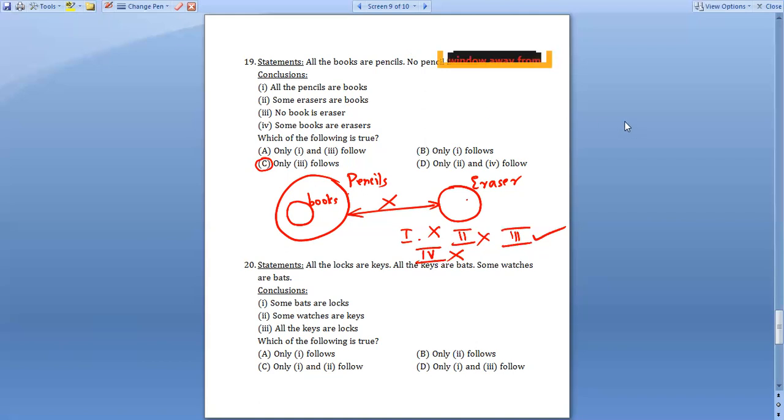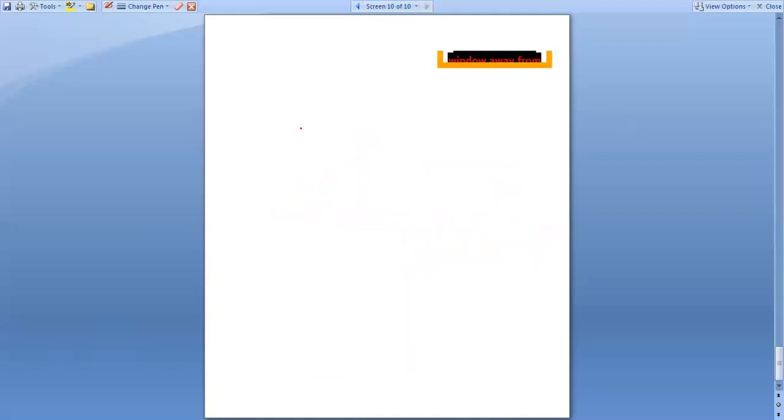Next, go to question number 20. All the locks are keys. All the keys are bats.